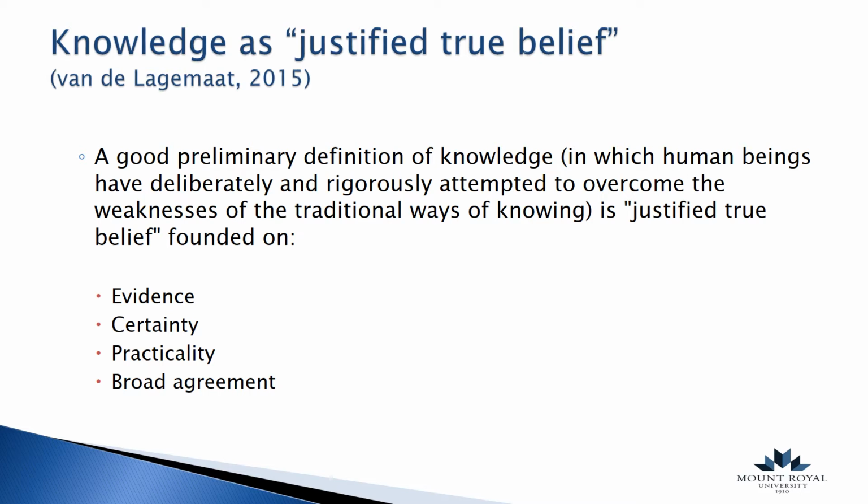And the best way to go about this is looking at knowledge as justified true belief. And that is founded on four main principles, and these are actually articulated in your textbook. So how do we know what we know?